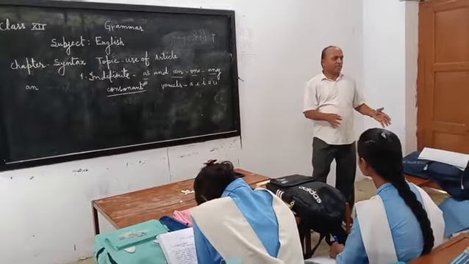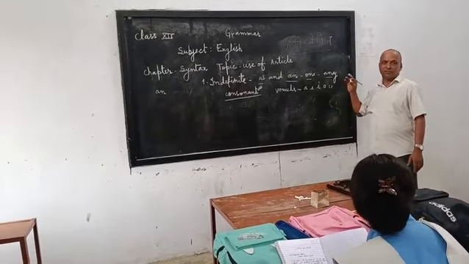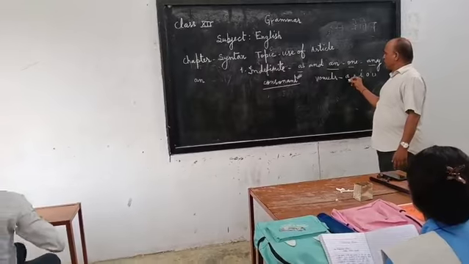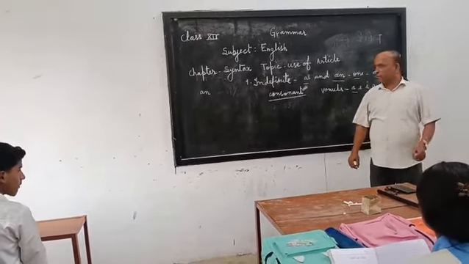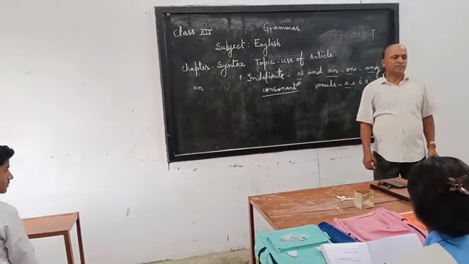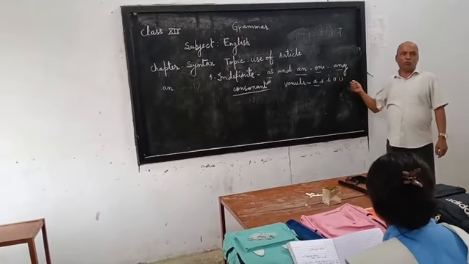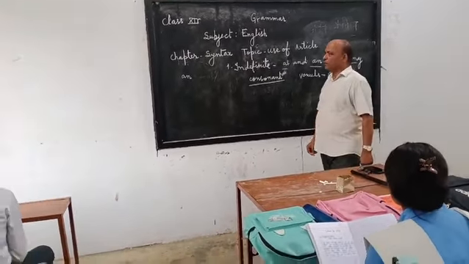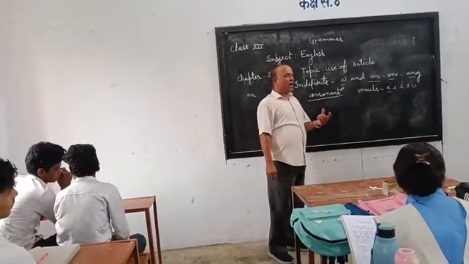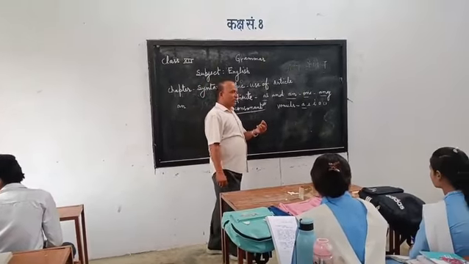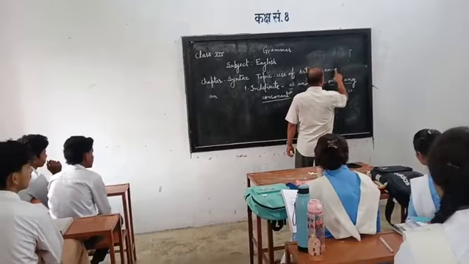The Hindi vowels are in the same way as you are studying in English. If the word begins from A, E, I, O and U, see the example. As you are going to tell, I have an airport. An airport.